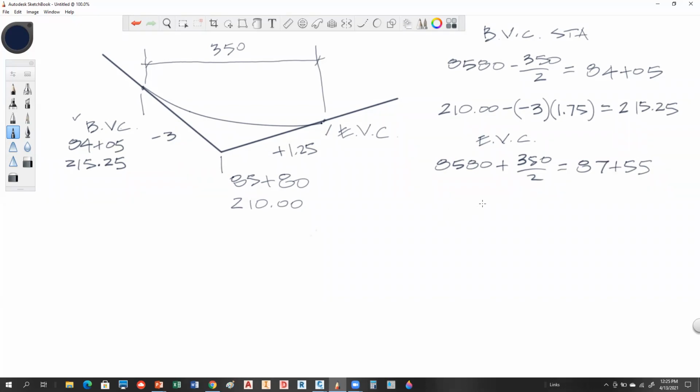Yeah, and if we were doing this problem and we didn't have that intersection point, we can just solve that ourselves by 350, and then add it from either EVC or BVC. So are you saying that you don't have this as a given? Yeah, if we didn't have that as a given.